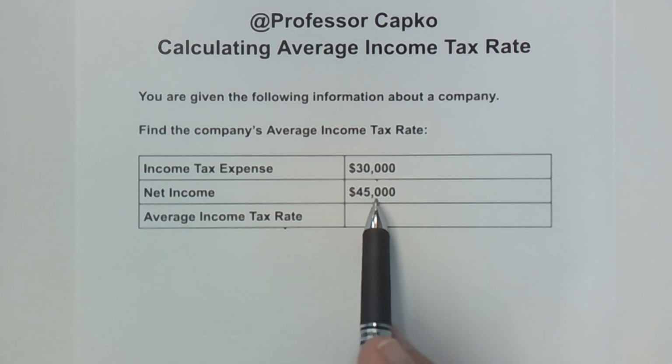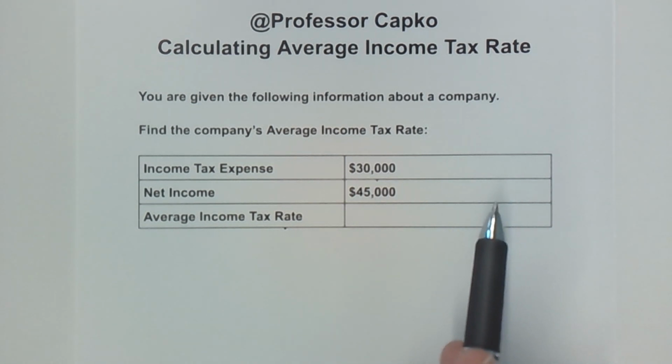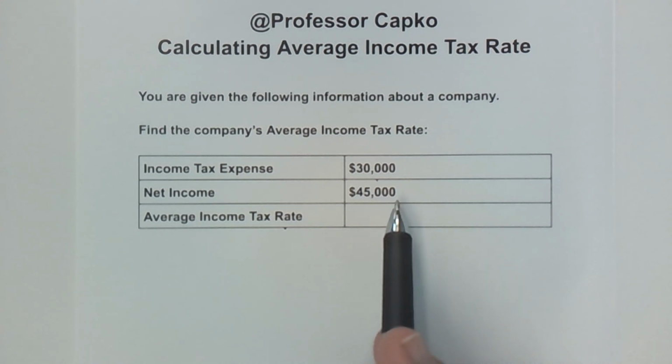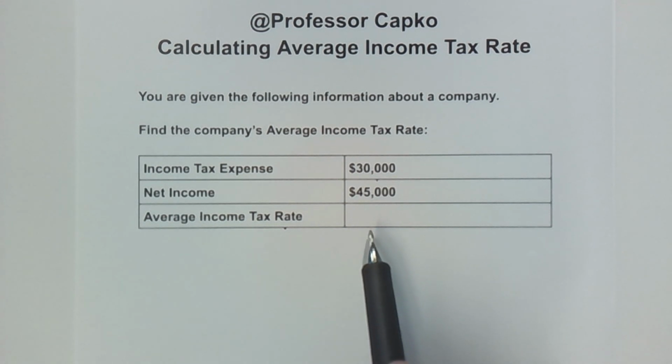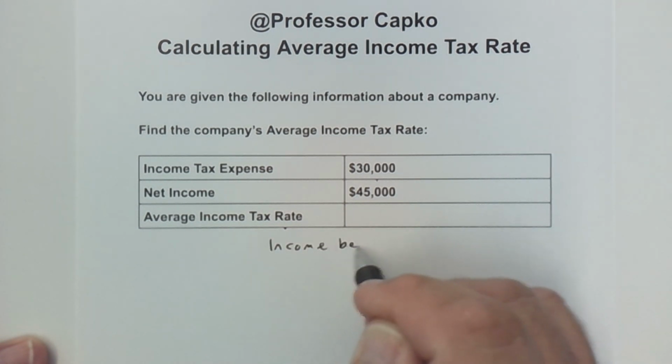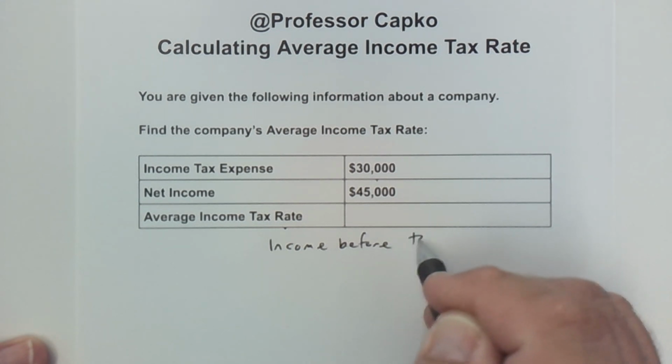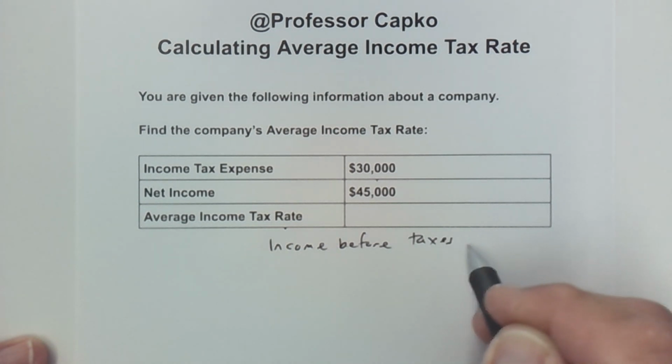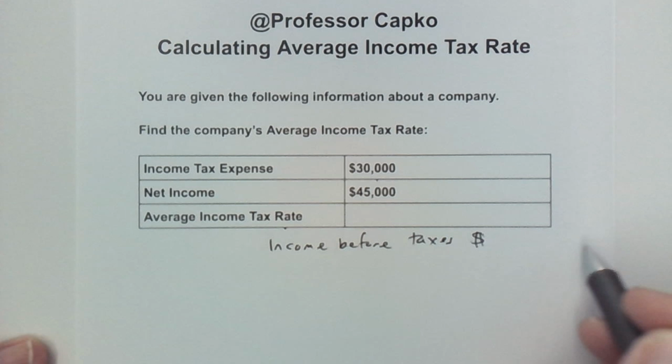Well, we can't base it directly on net income because the net income figure is after the income tax is paid. So we have to back it out and figure out exactly how much they made prior to the tax. So how that looks is we have income before taxes, and that's whatever amount that is.